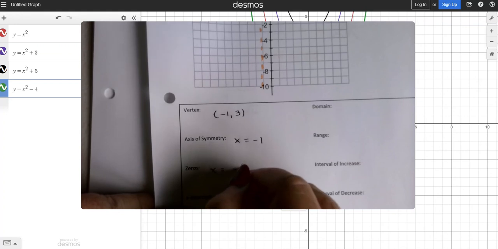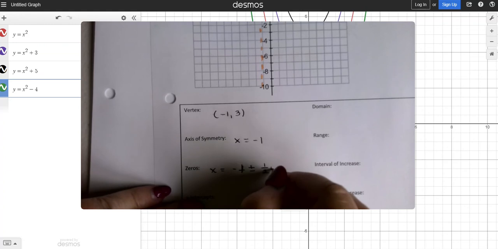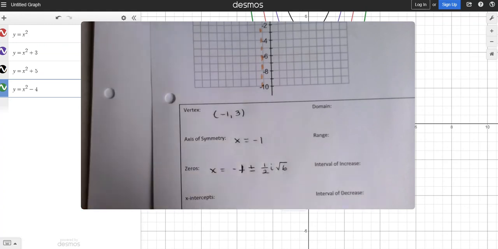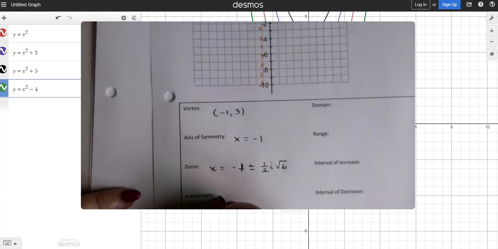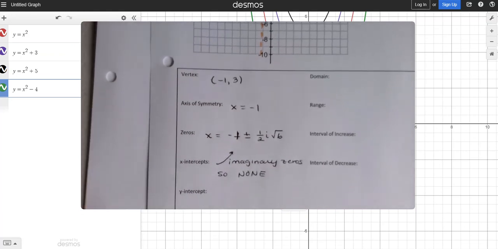Oops. Negative 1 plus or minus 1/2 i square root 6. Sorry, I almost put my negative 1/2 in the wrong spot there. X-intercepts, because those are imaginary numbers, imaginary zeros, so there are no x-intercepts. I'm just going to say none.